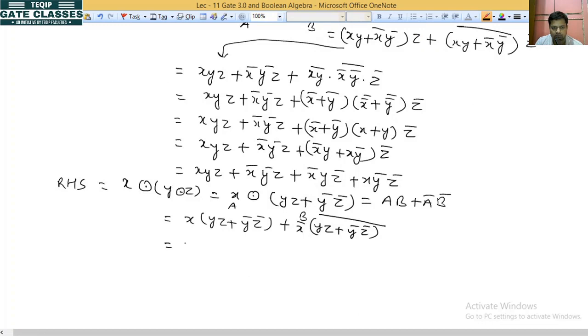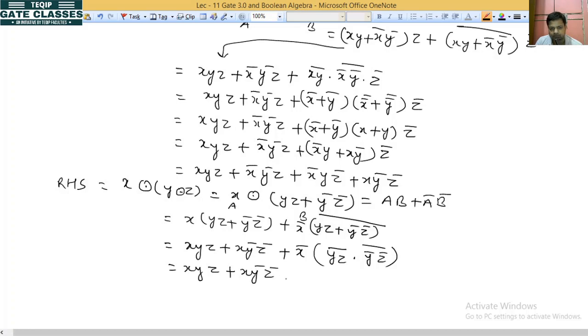Now this will be equal to xyz plus xy bar z bar plus it is x bar, it is yz bar dot y bar z bar whole bar. So you can write it as xyz plus xy bar z bar plus x bar. It will be y bar plus z bar by De Morgan's law. This one will be y double bar plus z double bar.